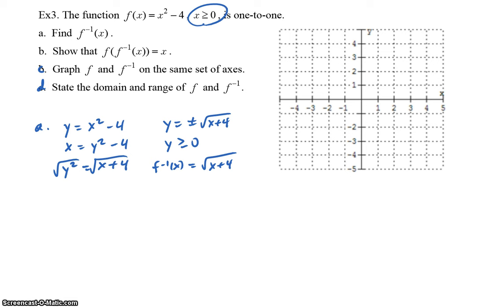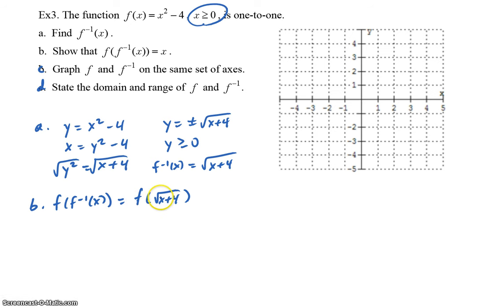Part B asks us to show that if we perform the function composition f composed with f inverse, we get a cancellation. Let's see that that is indeed the case. So we'll do f of f inverse of x. Starting from the inside, our f inverse from the previous step is the square root of x plus 4. We're going to plug that into f.